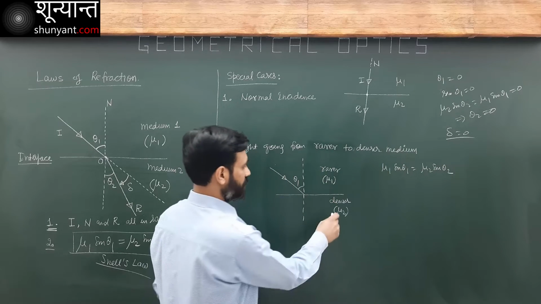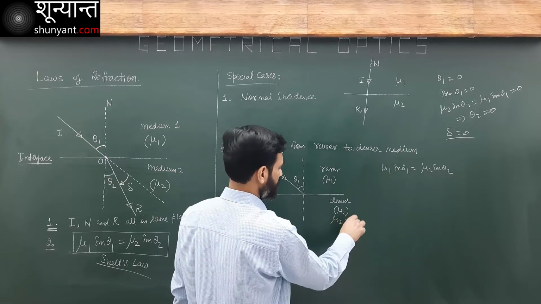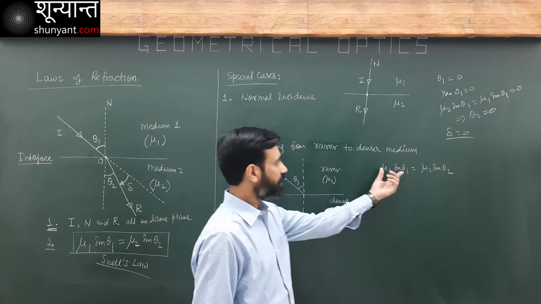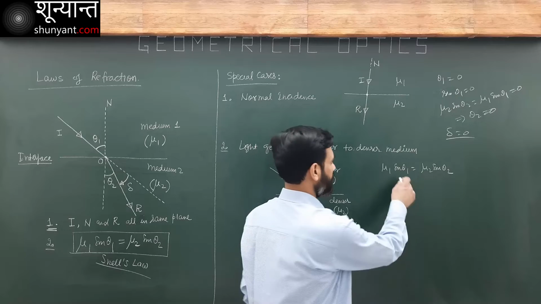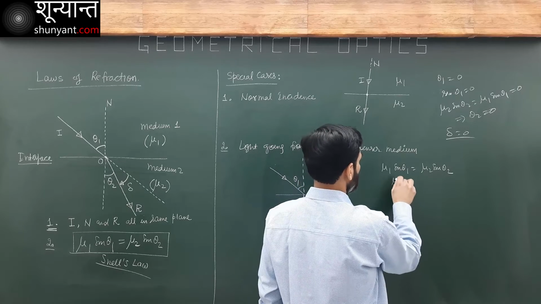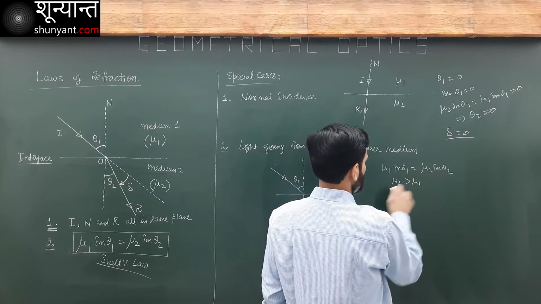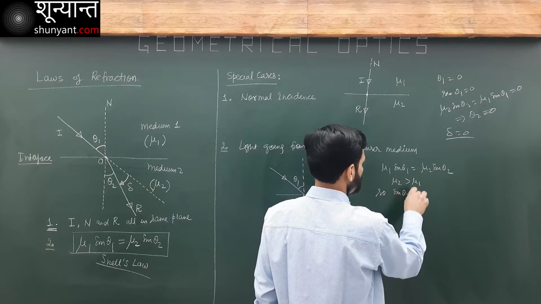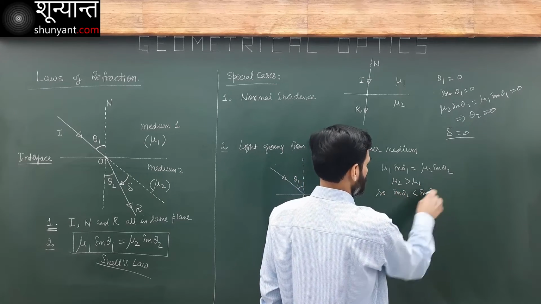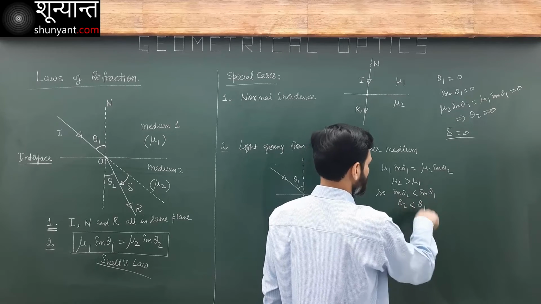Mu2 is denser, that means mu2 is more than mu1. The product has to be constant. So mu2 is more than mu1, so sin theta 2 should be less than sin theta 1. Theta 2 should be less than theta 1.